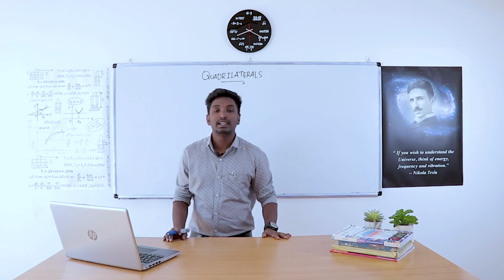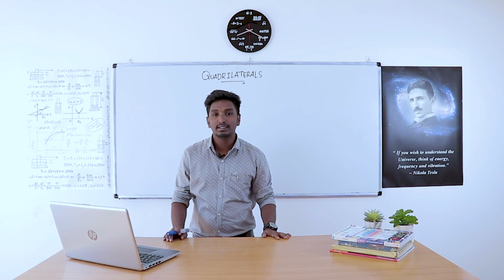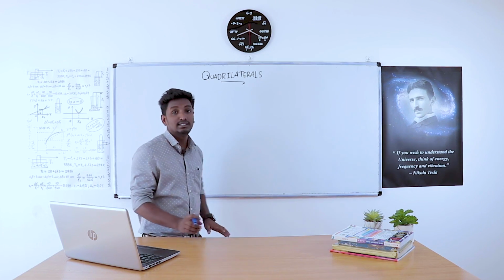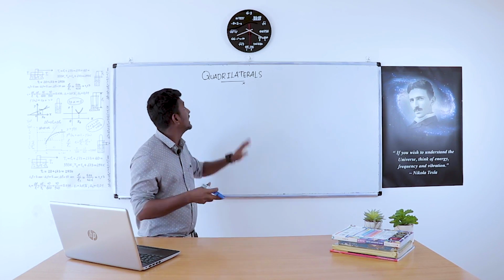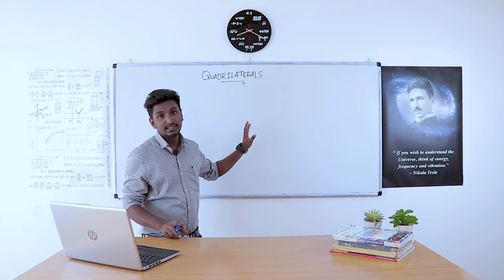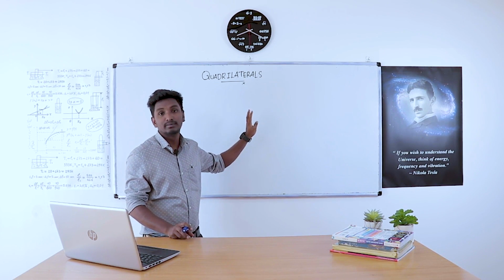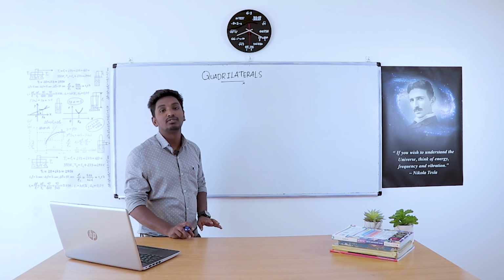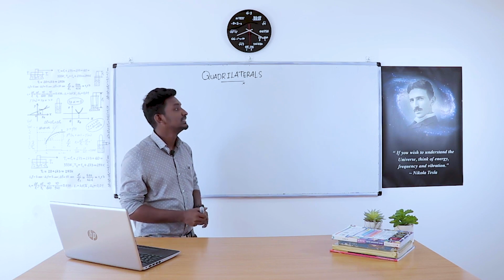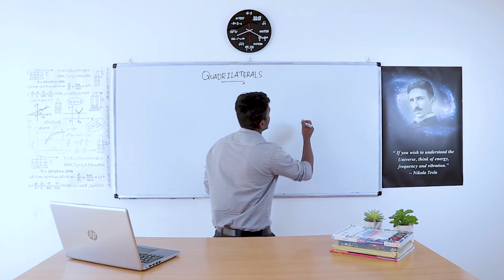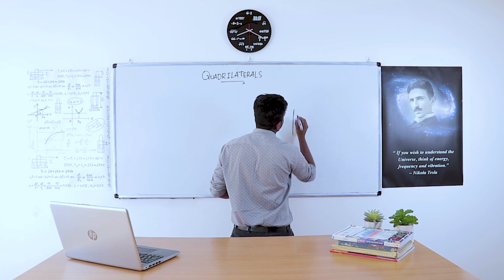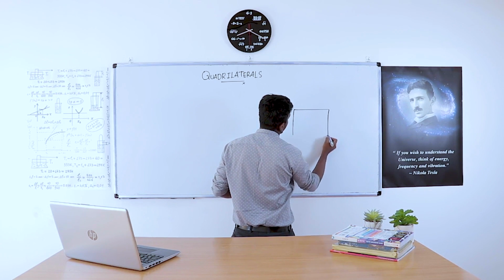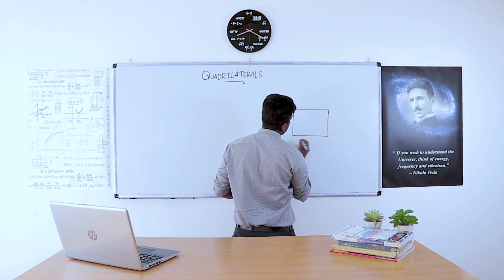No open figure can be called a polygon. So a quadrilateral is also a closed figure having 4 sides, 4 angles and 4 vertices.